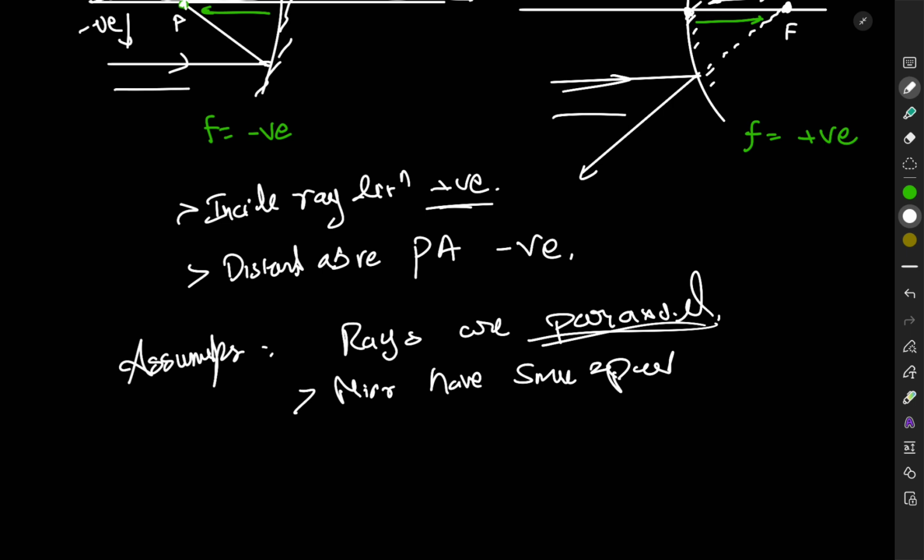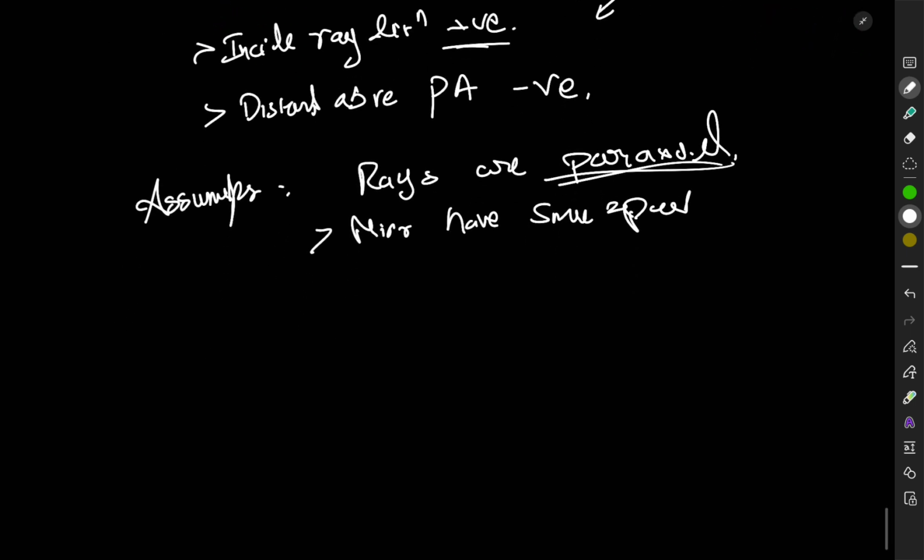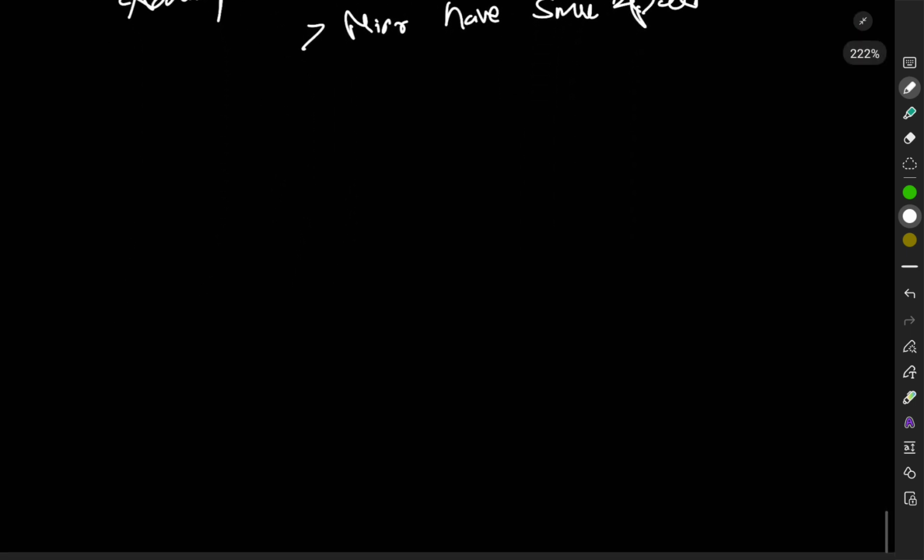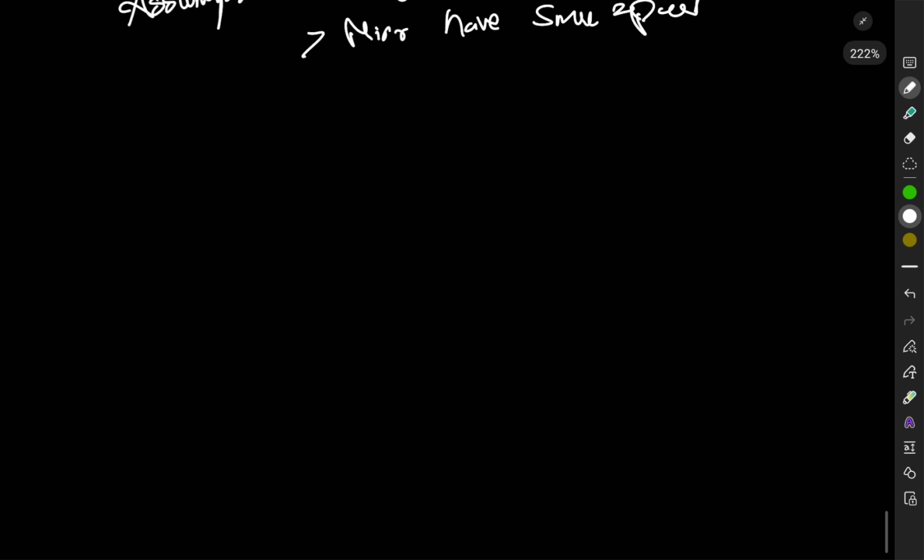Fine. Moving further, we had a JEE Advanced question some year, I don't remember the year, but there was a question asked, right? We say that f is equal to R by 2, right? So that isn't actually true.